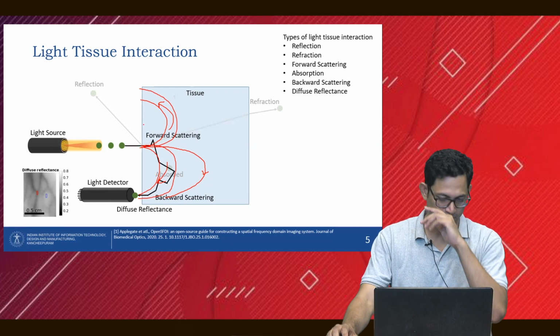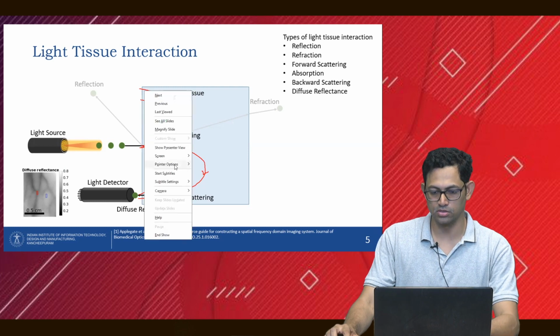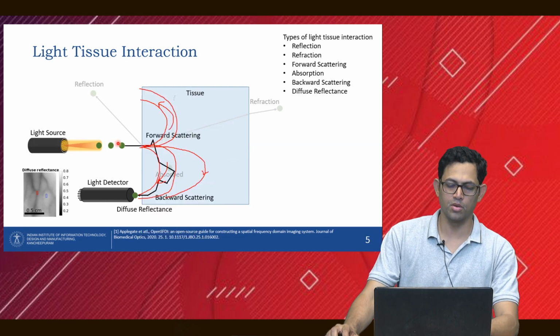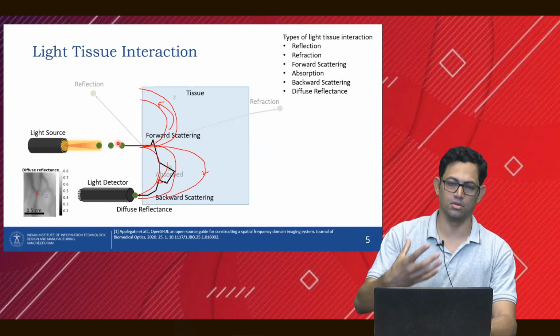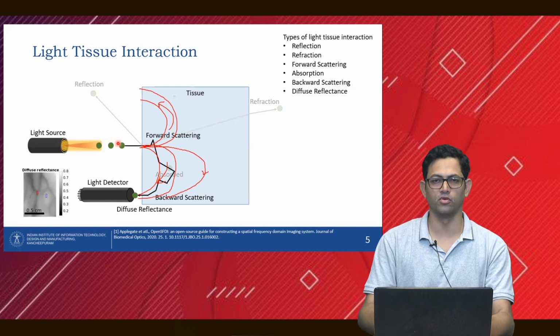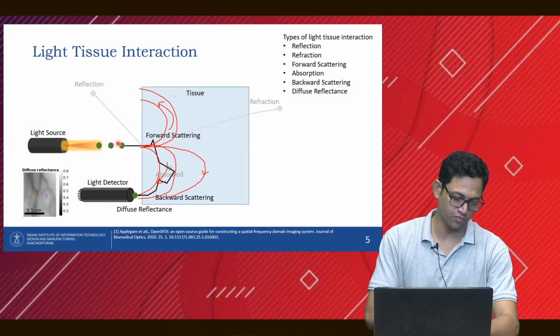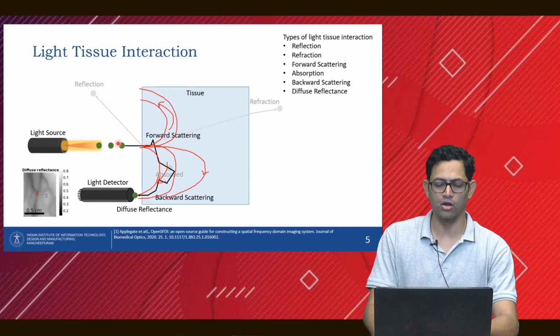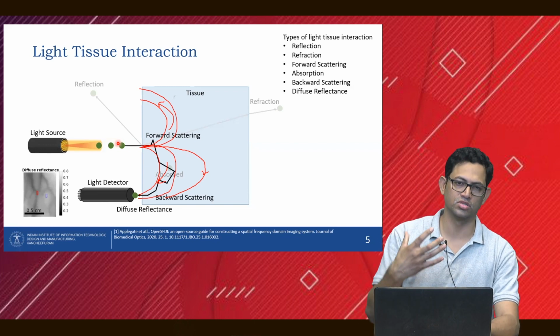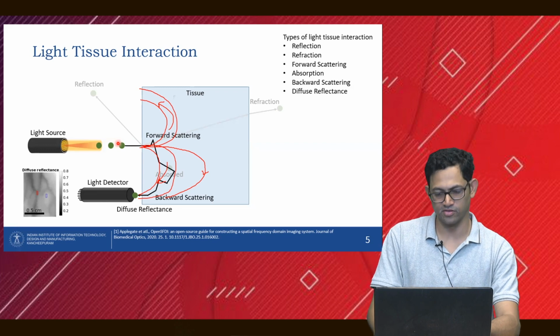So that is the biggest challenge with diffuse reflectance measurements. You can probe approximately 2 to 3 mm depth from the surface of your tissues. And of course on the surface, if there is some kind of skin melanoma or any lesions, those things you can visualize as well.